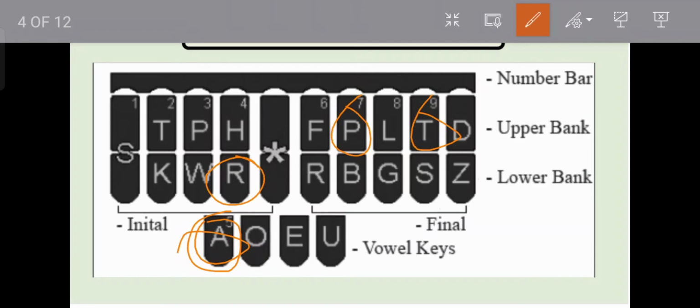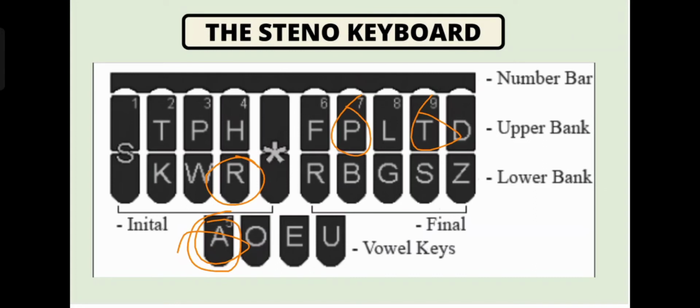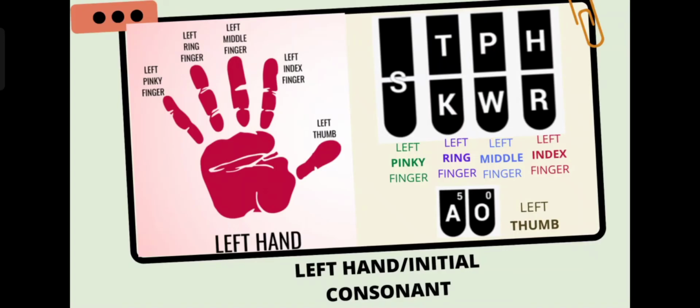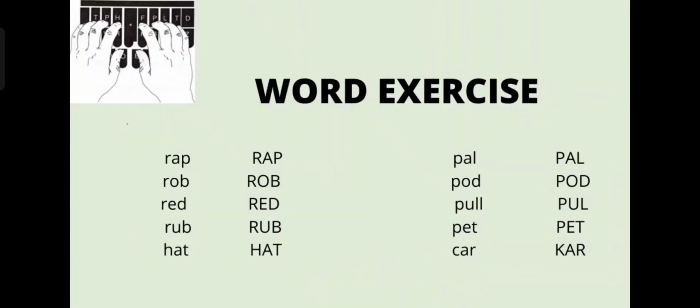We will learn that in our succeeding modules: the combination of letters to make a single letter, like for example letter B, since we don't have a letter B. It's a combination of letters on the initial bank. But for now, let's just focus on single syllabic words, home key positioning, and so on. Let's do the basics.